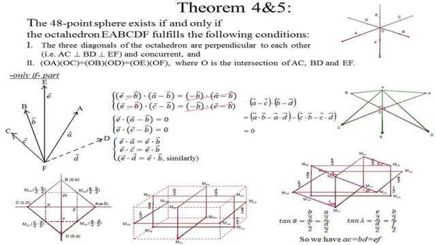First, we assume that the 48-point sphere exists, and any 2 adjacent faces have coincide foot. Considering the projections of EB and FB on AB, we have the first equation. And considering the projections of EB and FB on BC, we have the second equation.